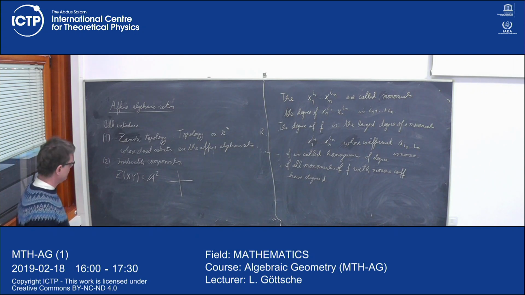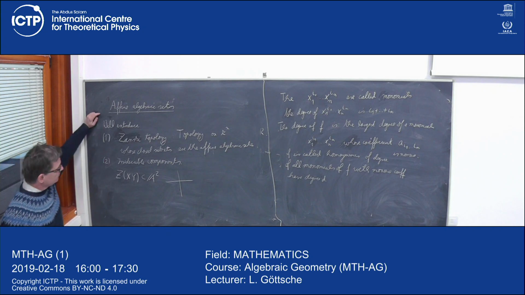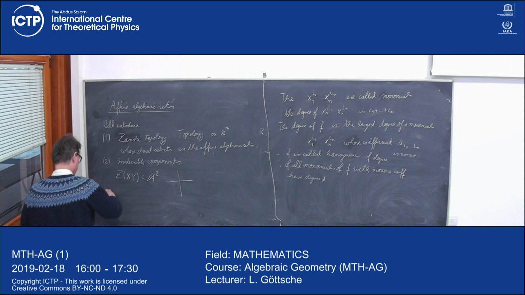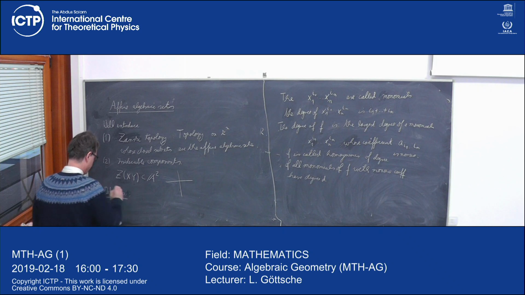So, okay, now we start. As I told you, in the whole course, k is an algebraically closed field. Now first I say what affine space is. So this is a bit of an anticlimax.